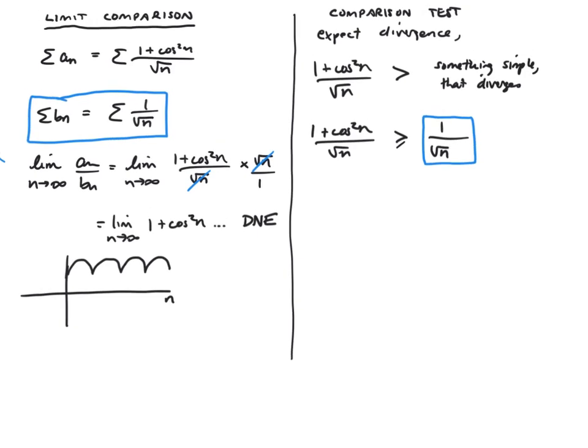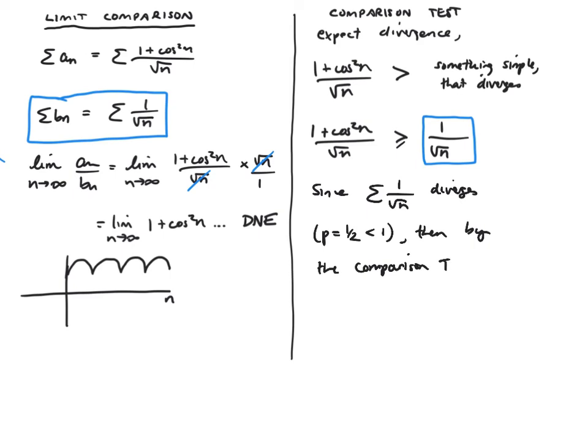So I'm going to write up my answer here and say that since the summation of 1 over the root of n diverges because p is equal to 1/2, less than 1, and of course you're referencing the p series rule there. All right, so I go to my statement then: by the comparison test. You always have to cite the test that you use.